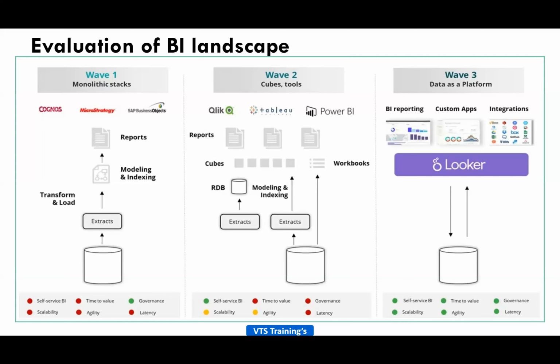So to understand where BA has come from, it started with the traditional BA and old database tools, and they invented quite a lot of extracts and loads. There wasn't great time to value, because there was no ability for self-service, and it was really based on those monolithic stacks.